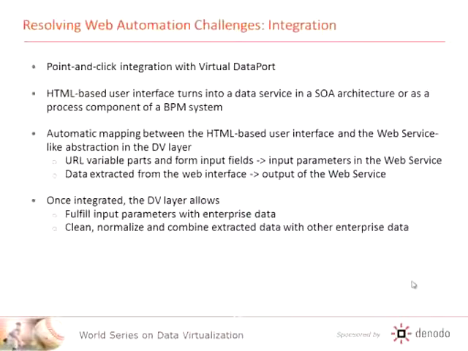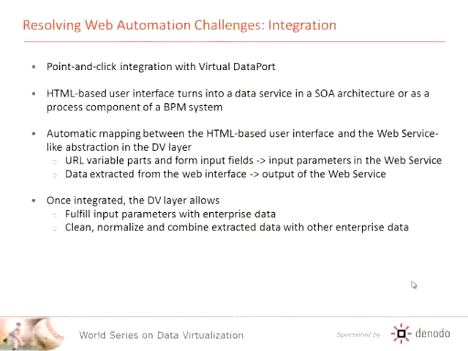Let's now move to integration. As discussed earlier, Denodo offers seamless integration of web automation with enterprise data and processes through the data virtualization layer. This means that any web automation process can be seen inside the data virtualization layer as a web service. The input fields of the web automation process are mapped to the input parameters of the web service, and the output of the web automation process is mapped to the results of the web service.